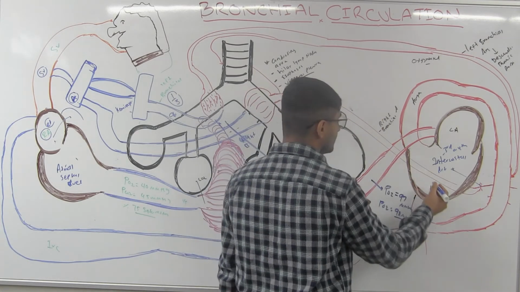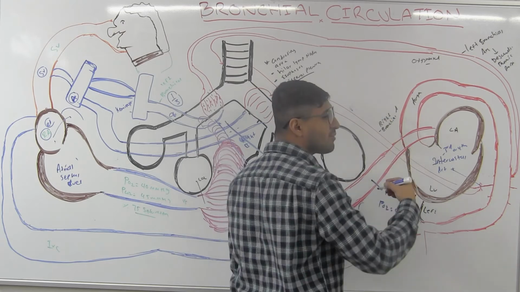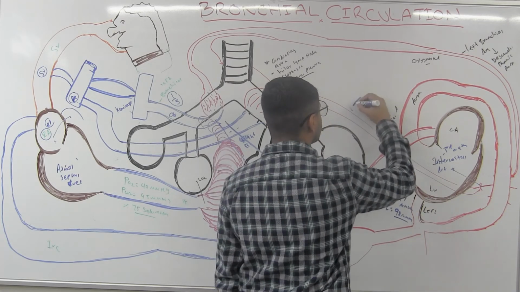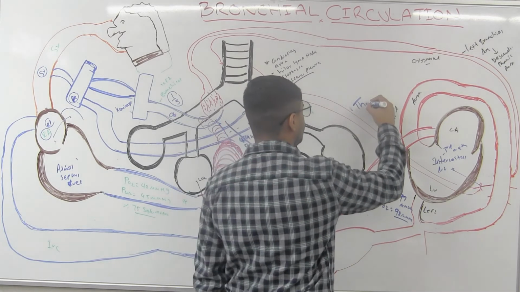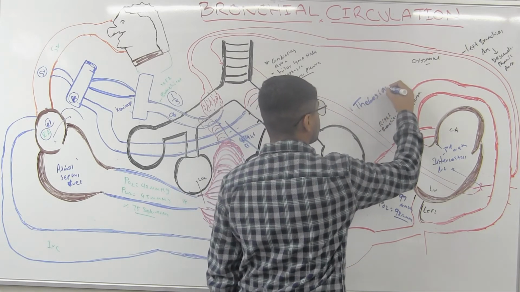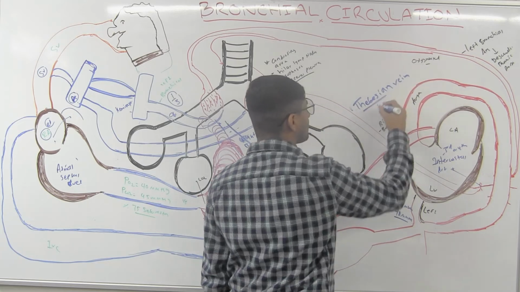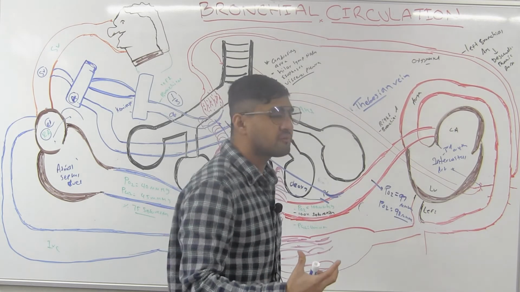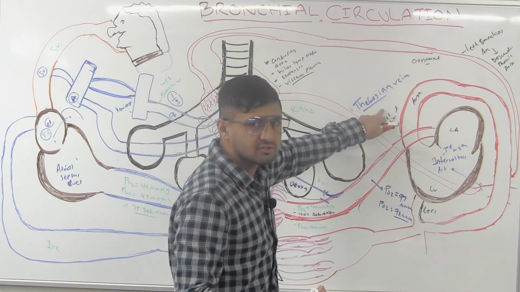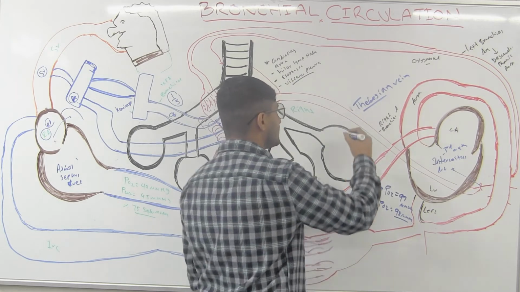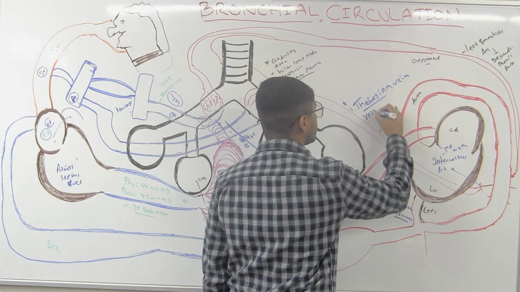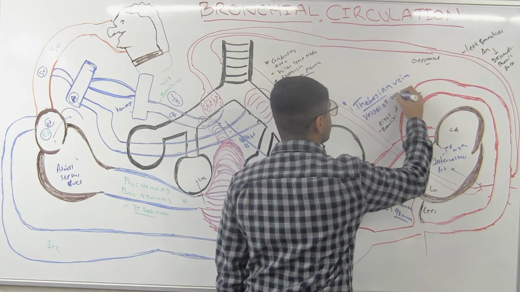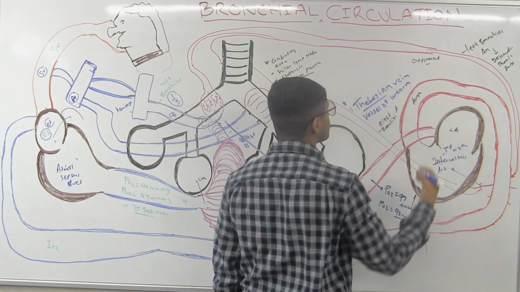These are called the smallest cardiac veins, or the Thebesian veins, and the name comes from a German scientist, okay? These are the smallest cardiac veins.